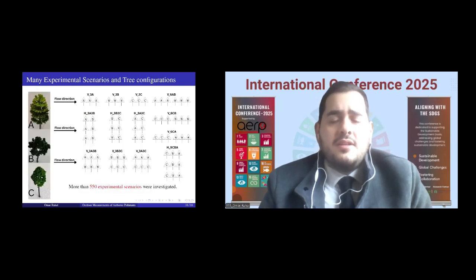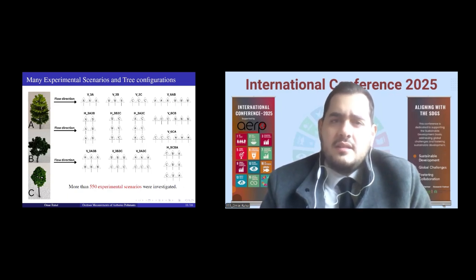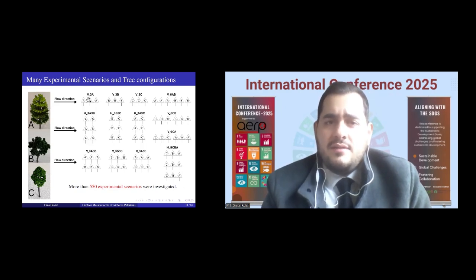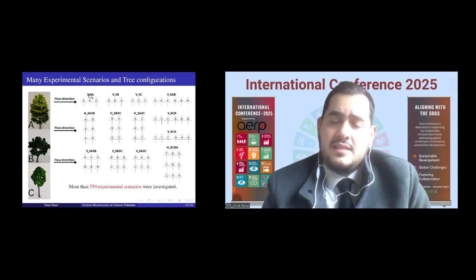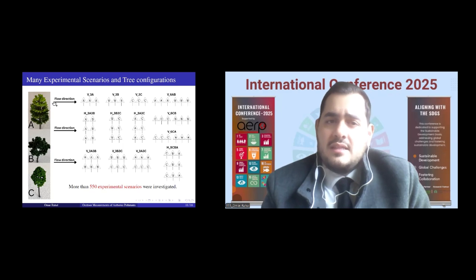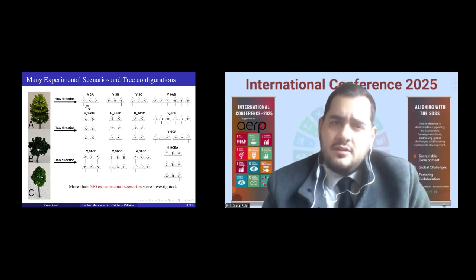This diagram here just shows you some configurations I used in my experiment. So if we take the first one, for example, the one that says V_3A, V is the direction I placed my trees. So V means vertically, so that's parallel to the flow direction.